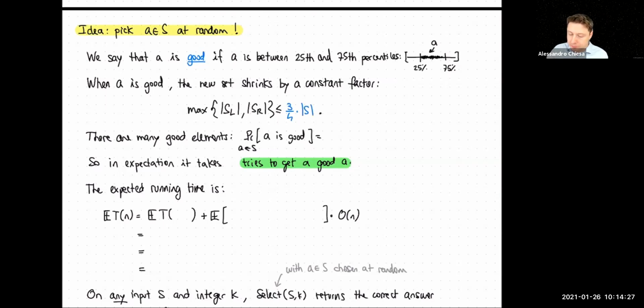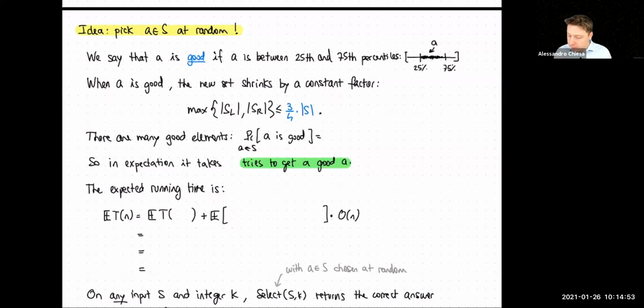Because the two worst cases are when A ends up on this side or on this side, and depending upon where K is relative to that, we may recurse on one or the other. So it may not shrink by half, but it goes from S to 3/4 of S. That's still pretty good, okay?